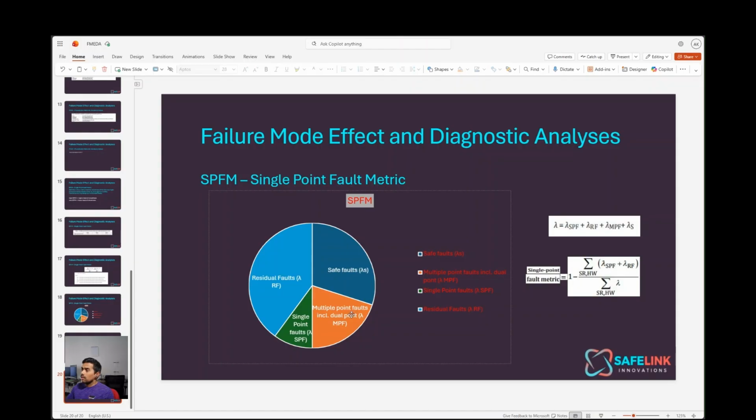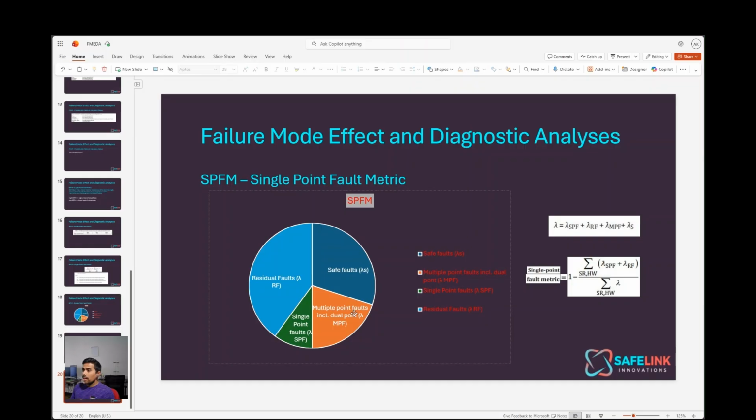And with the multiple point failures, the risk is very low. So 9 out of 10 times, it's a safe failure or multiple point failure. If I'm able to increase this to 99%, it means 99% of the times my failures are safe or multiple point, in which case the risk is very low. That is the significance of the SPFM.